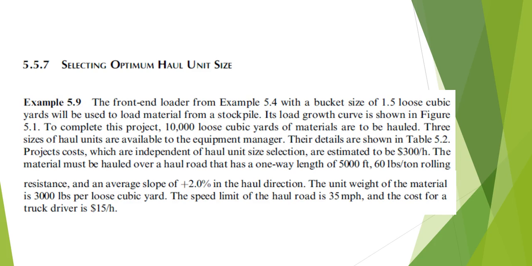If we need to haul 10,000 loose cubic yards of material, there are 3 sizes of haul units available to the equipment manager in this case. And there's a table, 5.2, on the next page here, and we'll look at that one.